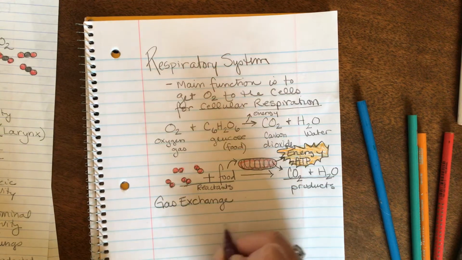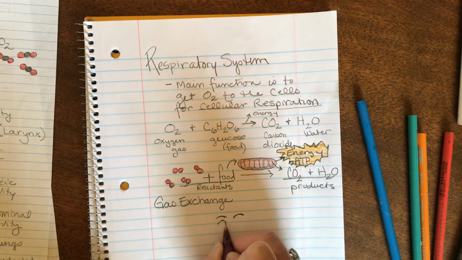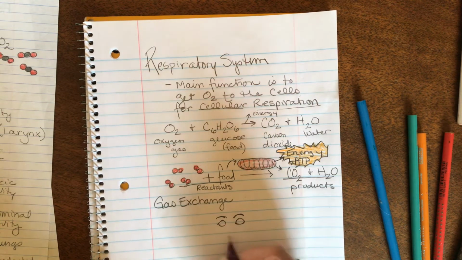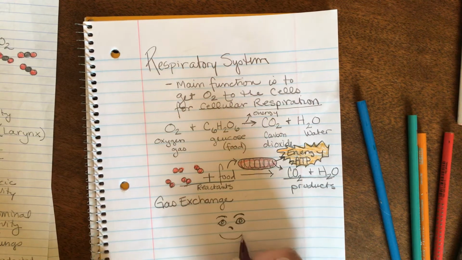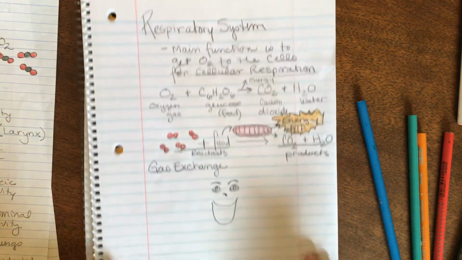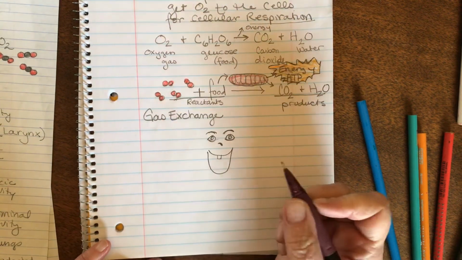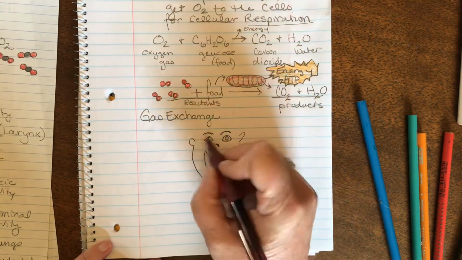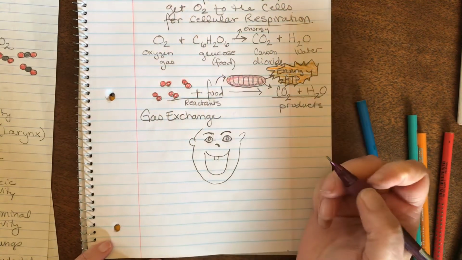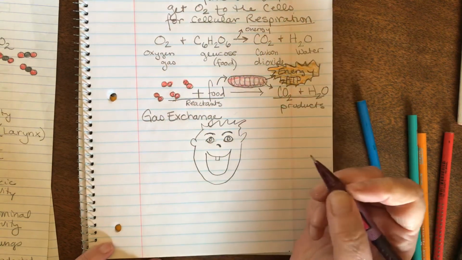So let's have ourselves a goofy guy here, and we can make him, or her, I guess it doesn't have to be a guy, with a big smiley face and a tooth for the heck of it, a couple ears, and I'm just going to do a crazy haircut there.